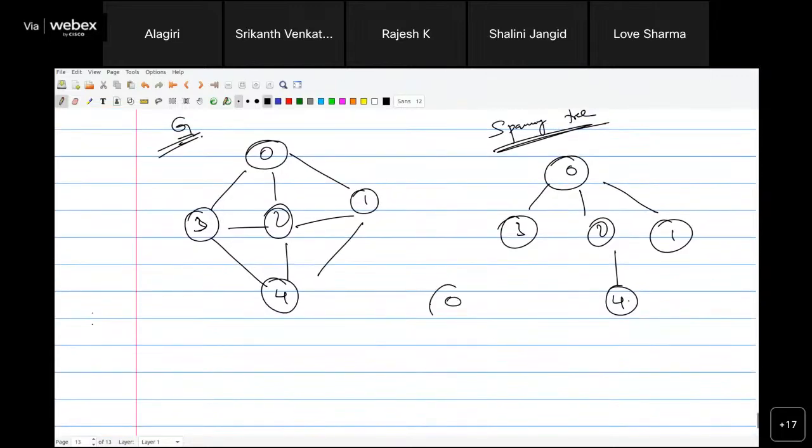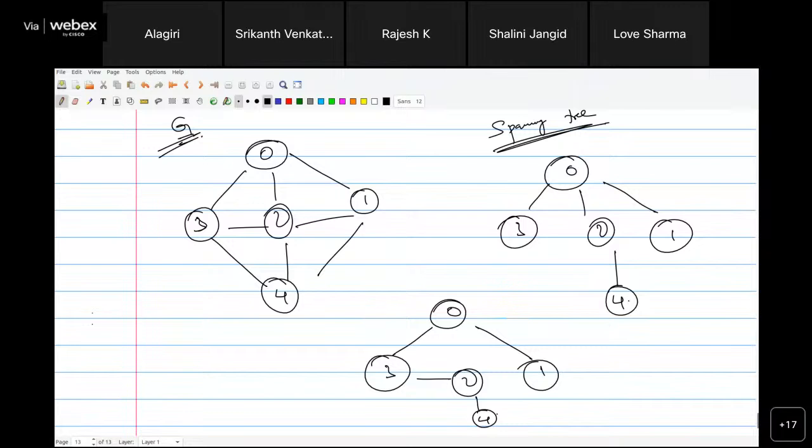You can take 3, 1, 2, and 2 to 4. So this is a spanning tree. There can be many spanning trees for a given graph.